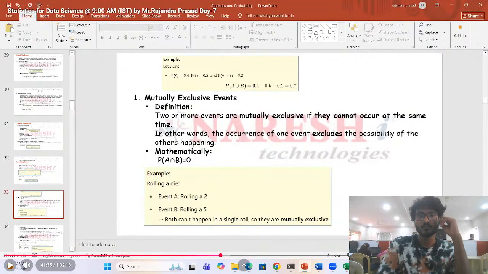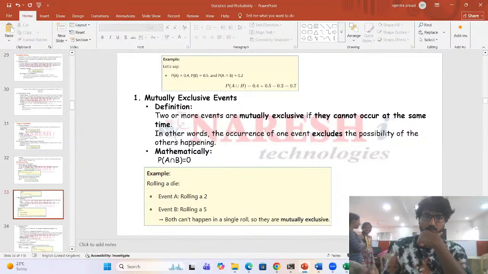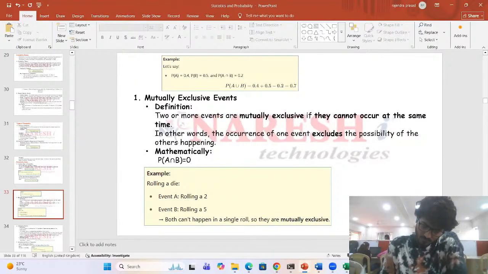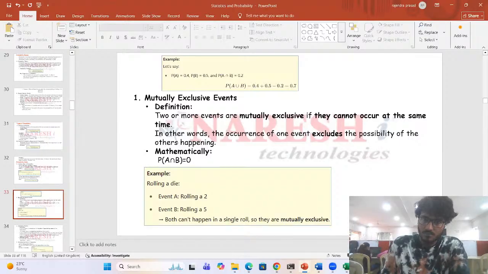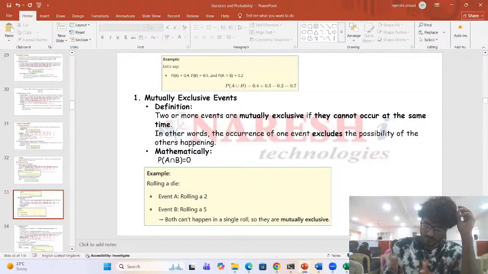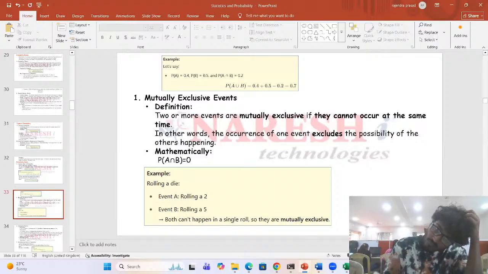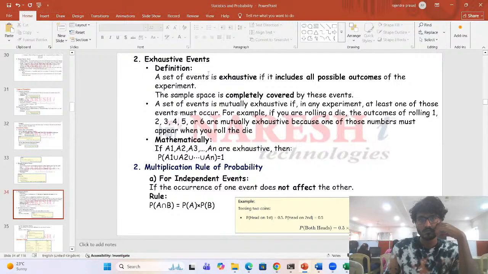So, this is how you're going to calculate. And exhaustive events. What do you mean by exhaustive? Exclusive is different, exhaustive is different.